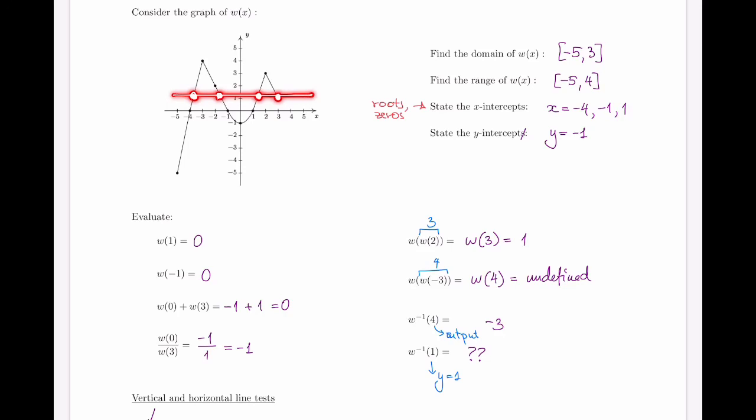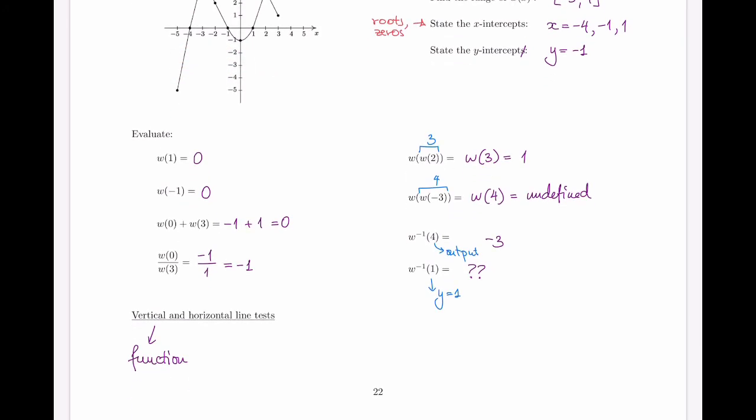Okay, my choice has to be unique, which means that an inverse will only exist if any horizontal line crosses the function at most once. So the horizontal line test corresponds to the existence of function inverse.